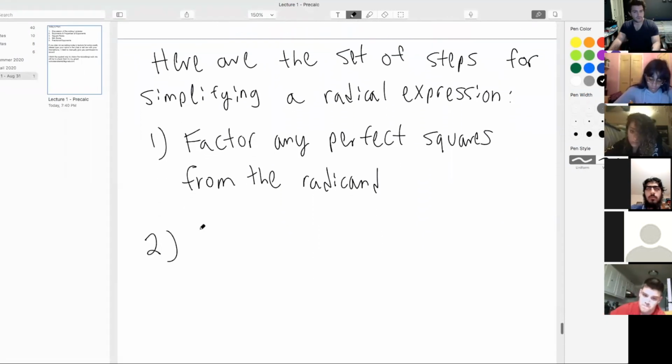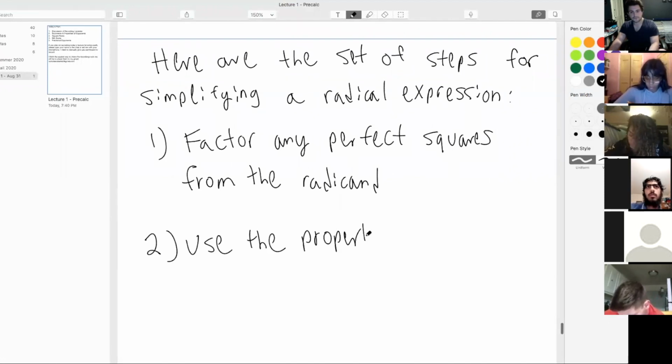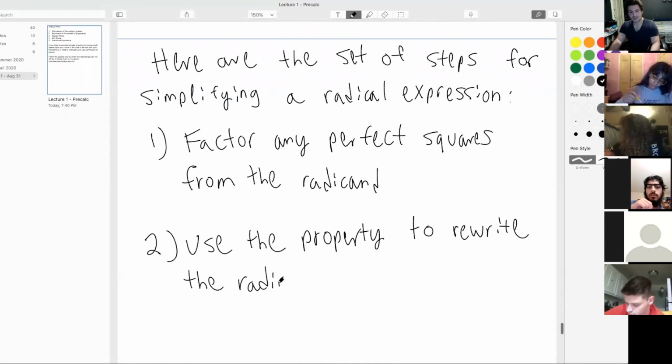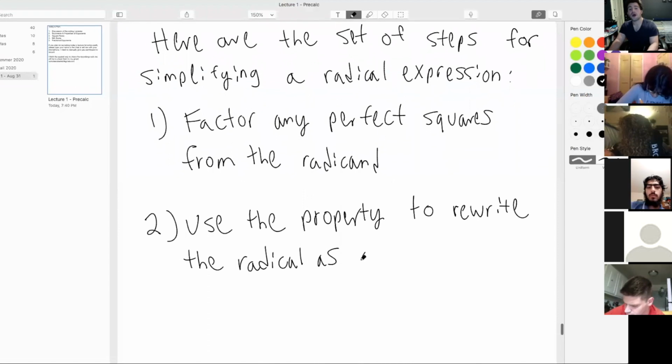Step two is use the property to rewrite the radical as a product of radicals.